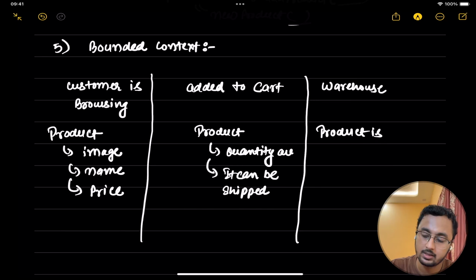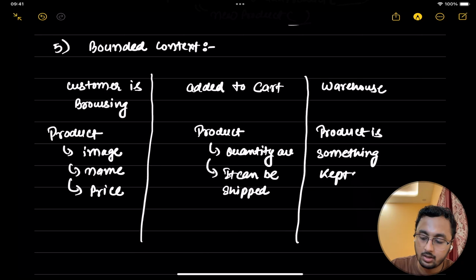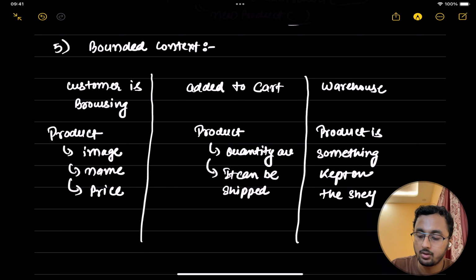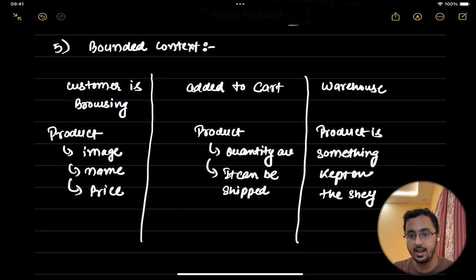Product is something kept on the shelf, ready to dispatch, right? Some person will come over once the order has been successfully placed, right? After adding it to cart, the meaning of product in case of a warehouse will become an actual physical product which is kept on a shelf, right?